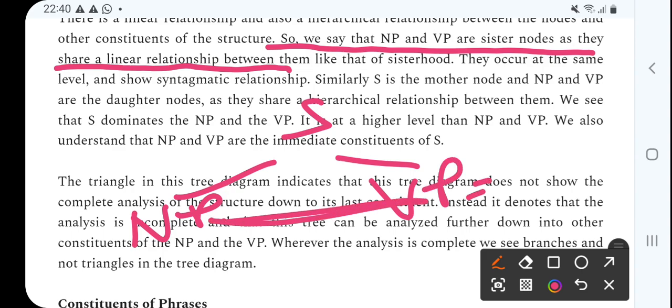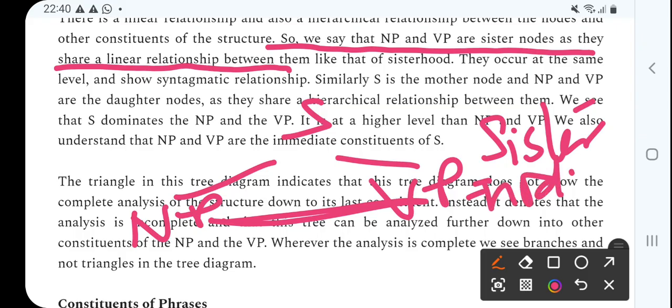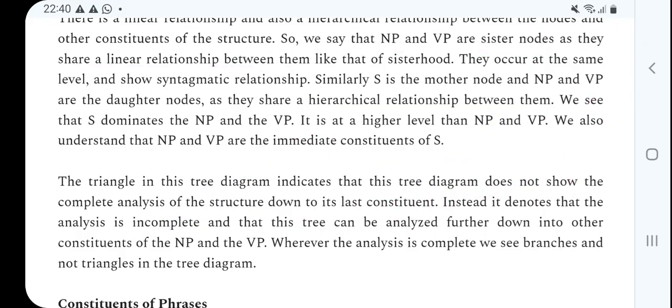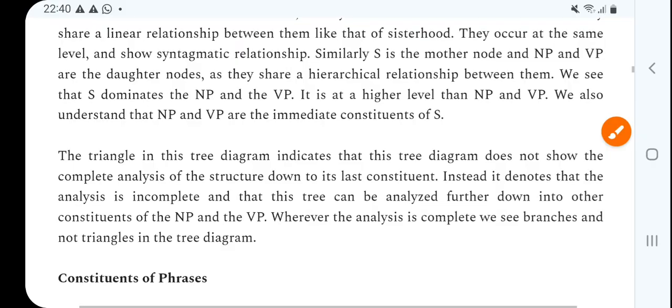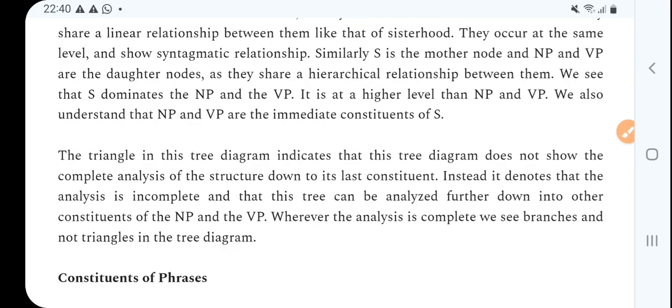So that is called sister nodes, like sisterhood. They occur at the same level and show a syntagmatic relationship.